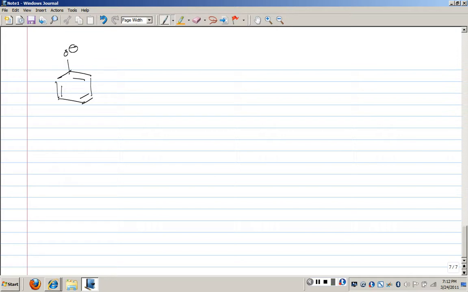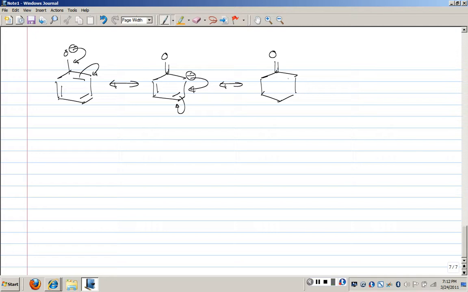Okay. So I can draw resonance forms like so, bang, bang, which will give me this species. I can draw another resonance form, which will give me this species. And sure enough, I can draw another resonance form, which will give me this species.